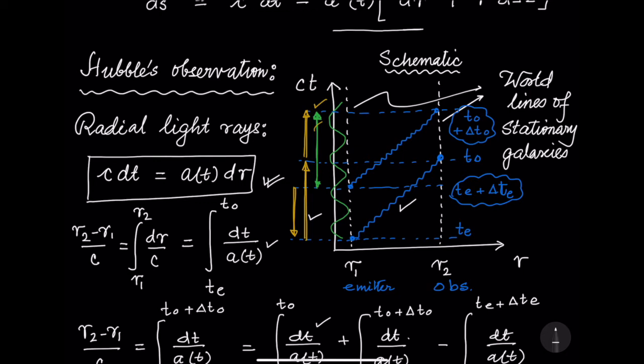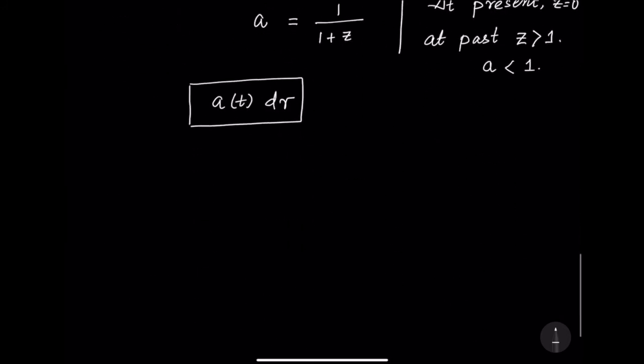So this distance r2 minus r1, or this distance which is the integral of dr, I can write as A(t) times that. This distance between any two points, I will write as dc, which is called the co-moving distance.